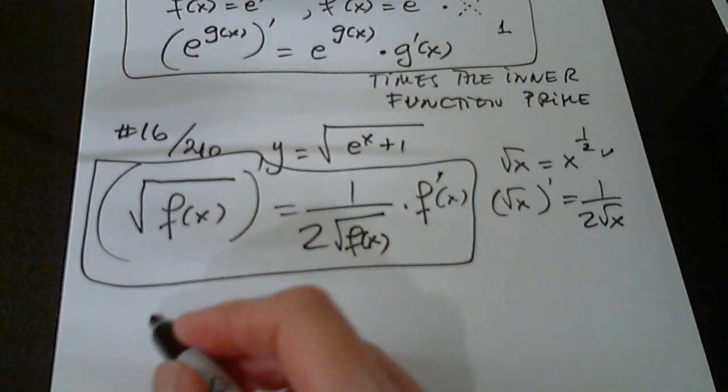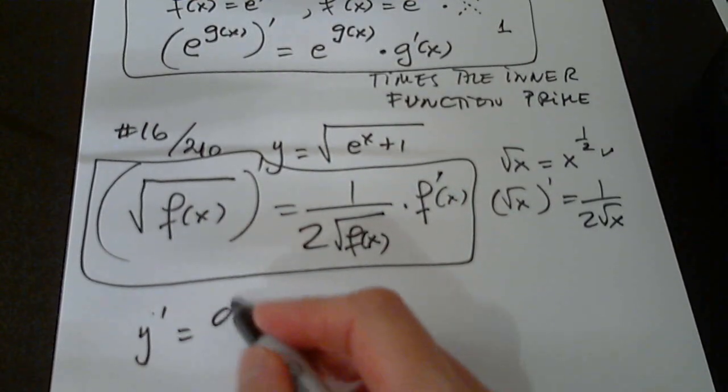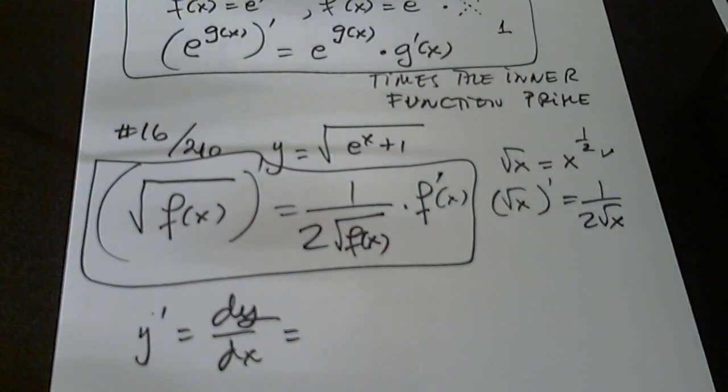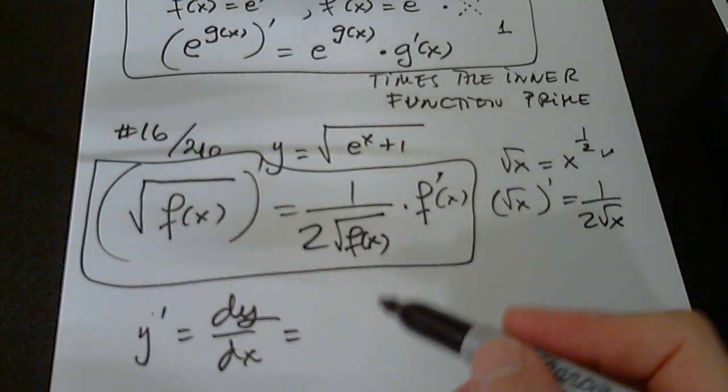So when we want to differentiate this, we can write y prime, we can write dy over dx. Can anyone tell us what it is? What do you think? What should I write?